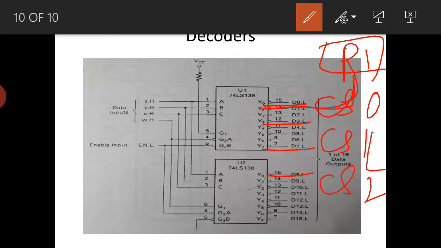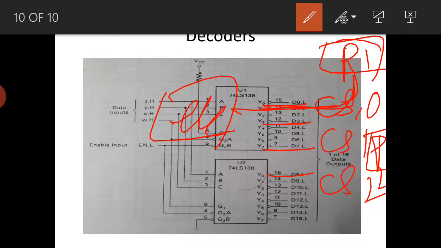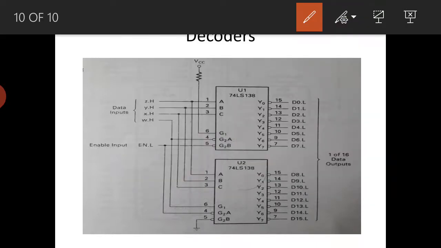This is P1 and this is P2. Whenever the microprocessor generates a particular chip select, that device will be connected to the microprocessor and it can do the work. The generation of chip select is nothing but a decoder.